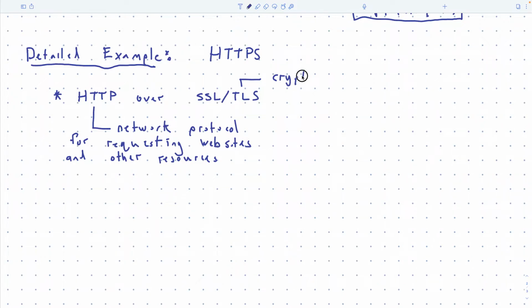This is basically a bunch of cryptography, and there are different versions. When SSL first came out, 1.0 was skipped. It was never released; it was tested by IBM and other people in the 90s.